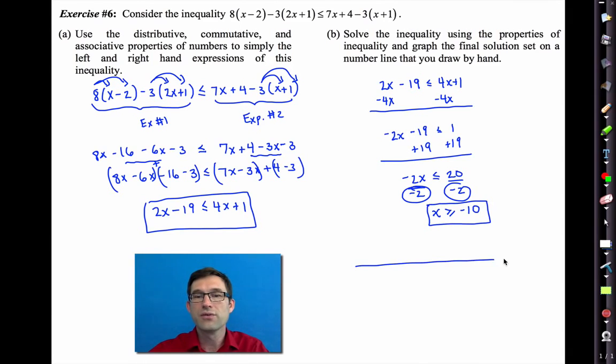To graph our solution set, we would draw a little number line, maybe orient 0 on there, orient a negative 10 on there, and shade it in. That's where students like to do this. And there's our solution.